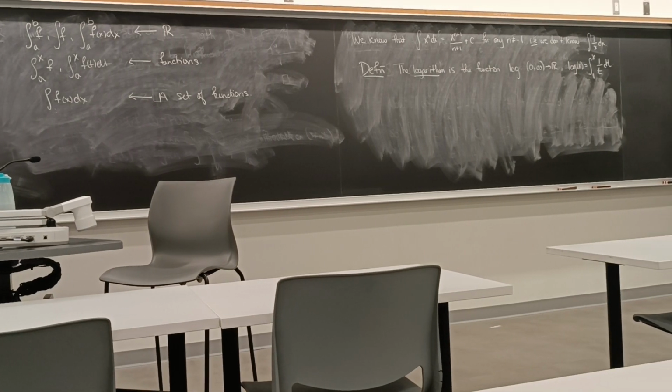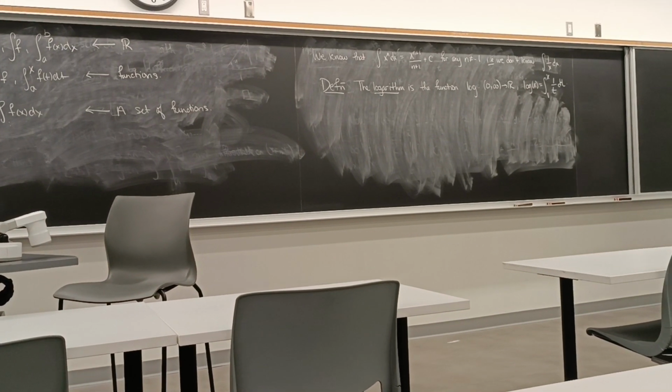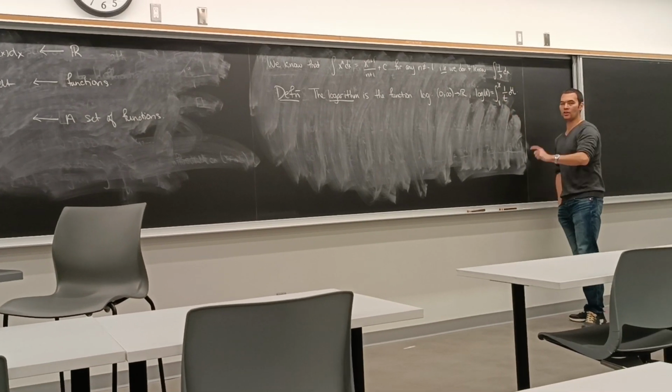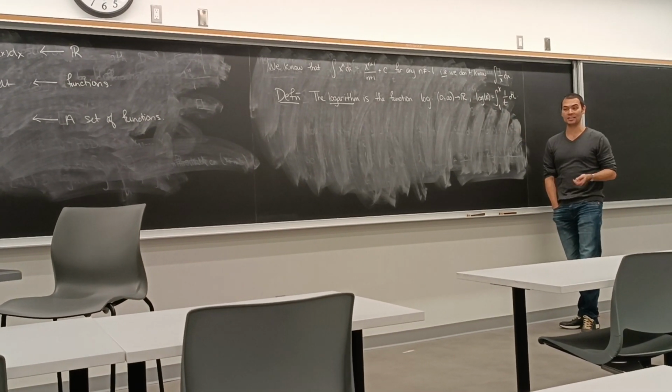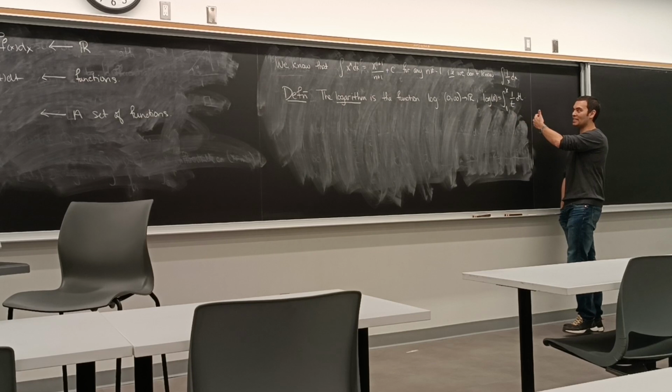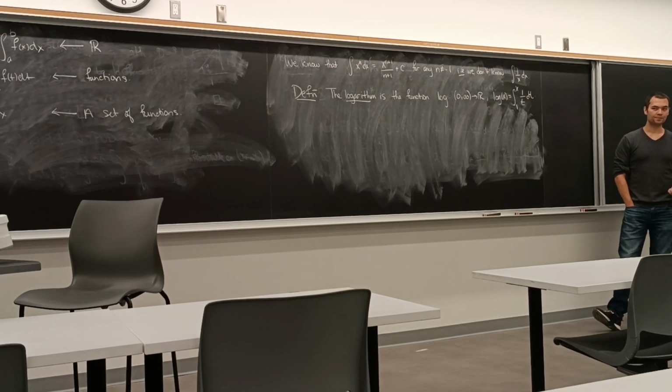We don't have an antiderivative for 1 over x, so we're going to define a new function, and that's now its antiderivative. We're going to define log to be the antiderivative of 1 over t.